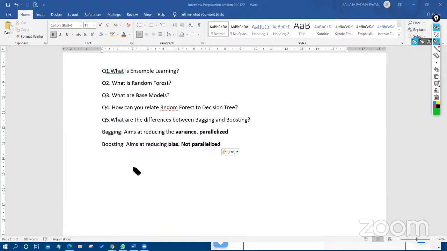Here, bagging means parallel, and boosting we do sequentially. What do you mean by it?